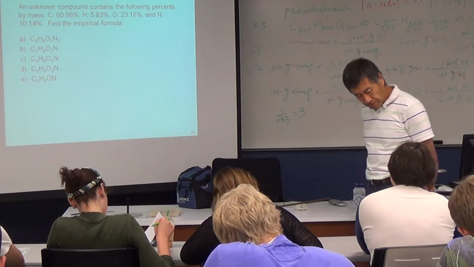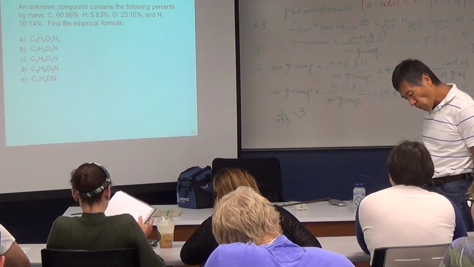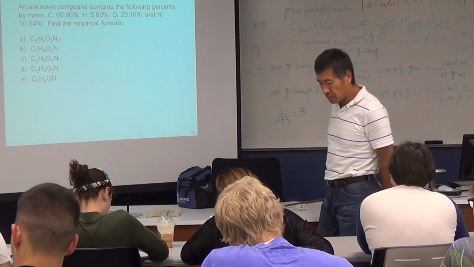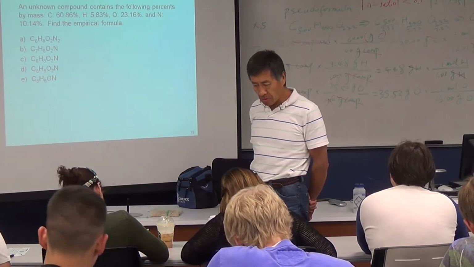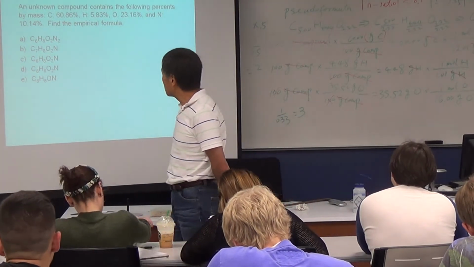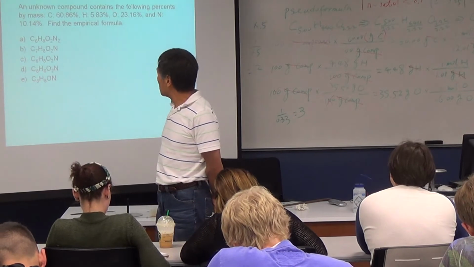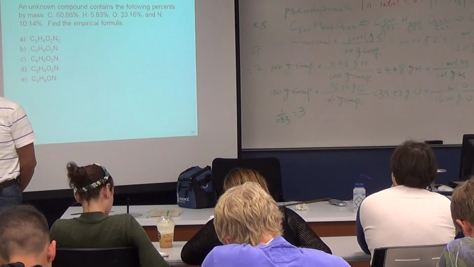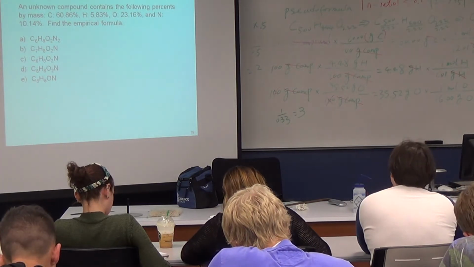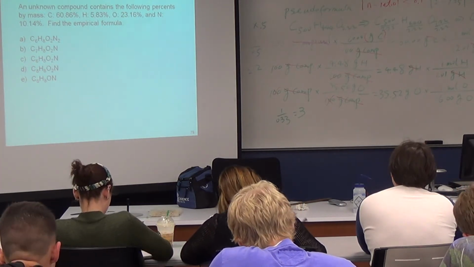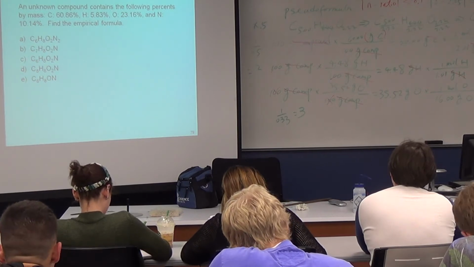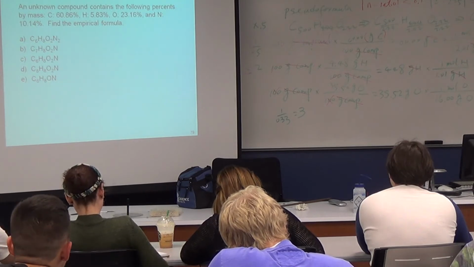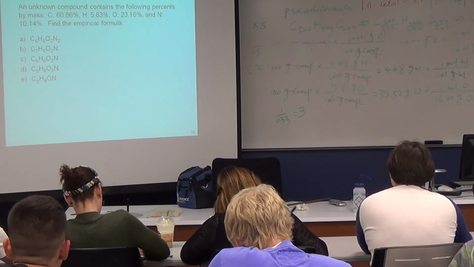So you have B. Let me see your calculations. You get the moles by dividing by the molar mass, which has 12 for carbon. You get that number.